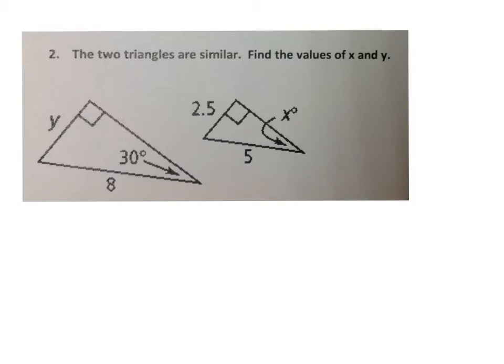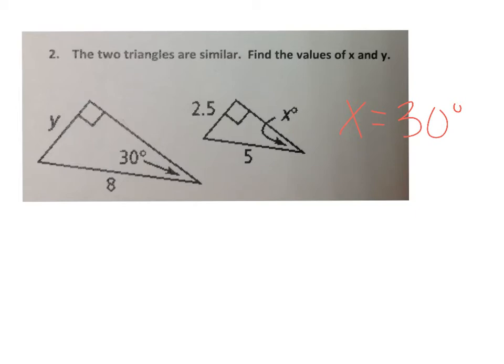Question 2 says the two triangles are similar. Find the values of X and Y. We know that if two triangles are similar, their angles are equal to each other. Without doing any math at all, we know that angle X is going to be equal to 30 degrees. In order to find Y, Y is a side length, and we know that side lengths are proportional.